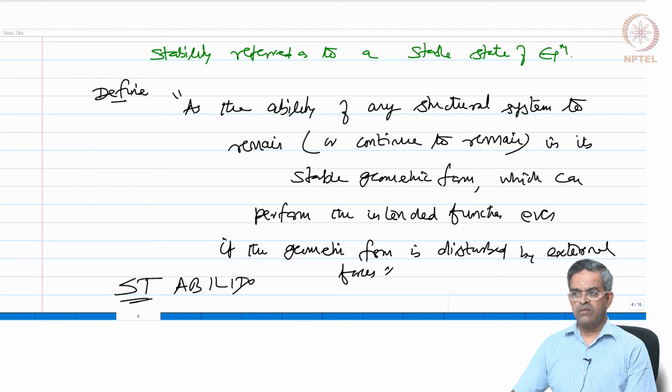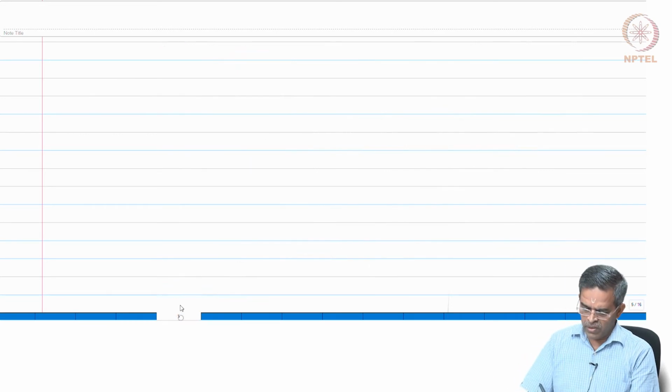Okay. So, as long as the change of the geometric position does not affect its load dispersing capacity, we can say the structure is in stable equilibrium. Therefore, structures do not need to remain in their original geometry to classify them as stable. That is a very important statement, friends.